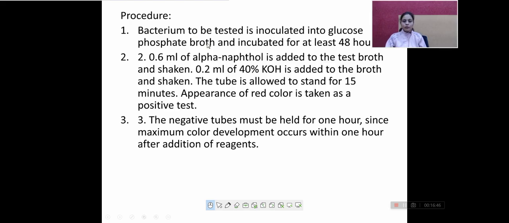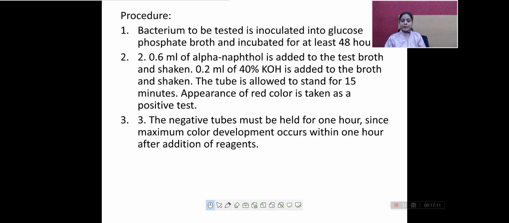The tube is allowed to stand for 15 minutes, and appearance of red color is taken as a positive test, meaning appearance of red-brown color. The negative tube must be held for 1 hour, since maximum color development occurs within 1 hour.